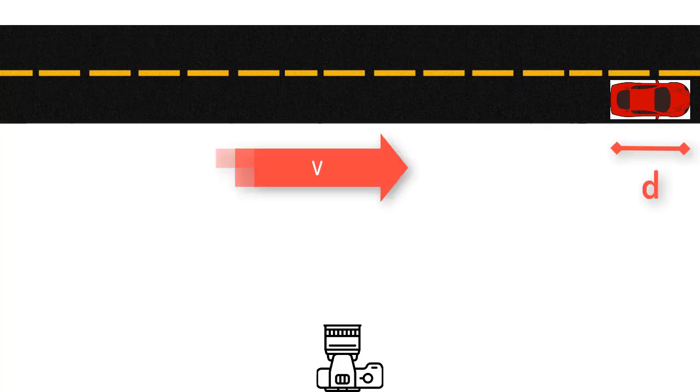Let's suppose that I have a camera set up looking at a road. And suppose that I want to detect the motion of cars driving along this road. In order to calculate a good value of delta t, I need to estimate d, the size of a car in pixels, and v, the approximate speed of cars on this road in units of pixels per second. In order to get both of these things, I just need one value.